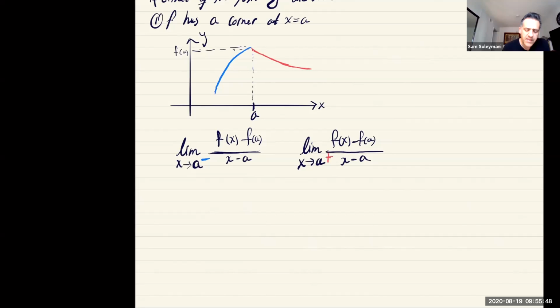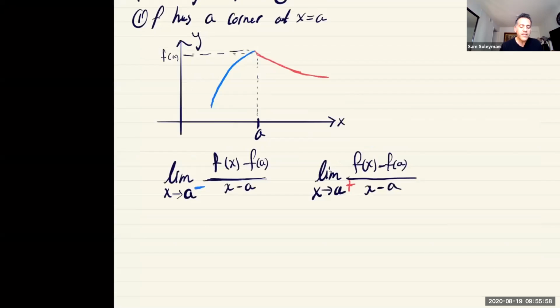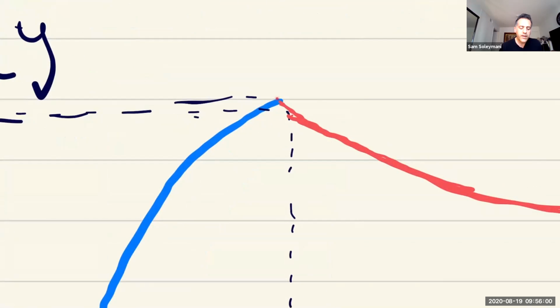Okay. And obviously, these two limits are not the same. If you pay attention to the blue curve right there, the left-hand derivative looks like that. And the right-hand derivative should look something like that. They're not the same.